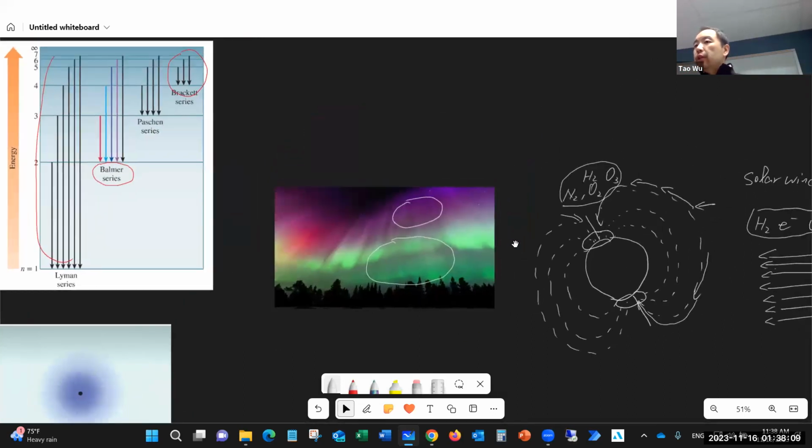Okay, so I think I'm done over here. Today we're just talking about how we can see the light. Next time we're going to talk about quantum mechanics plus the electron configuration. How many of you have heard about the electron configuration?